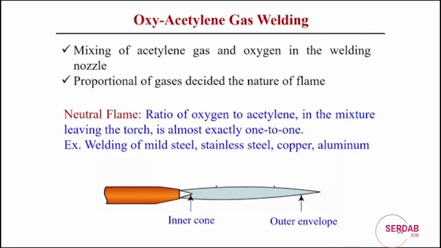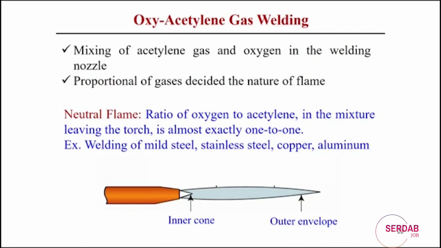First we look into the neutral flame. In this case, oxygen and acetylene are mixed almost 1 to 1. If we see from the figure, the typical nature of the flame produces an inner cone and an outer envelope during the welding process.